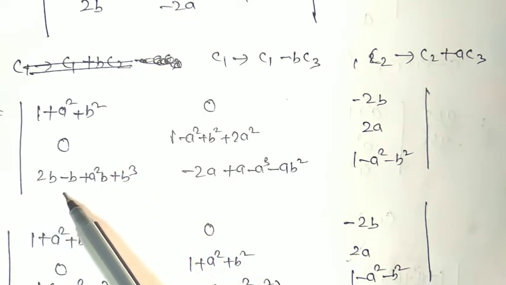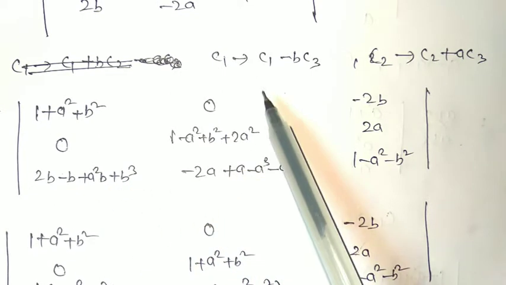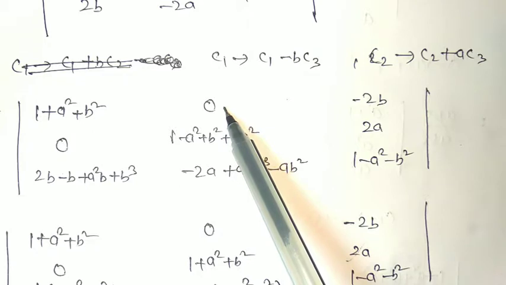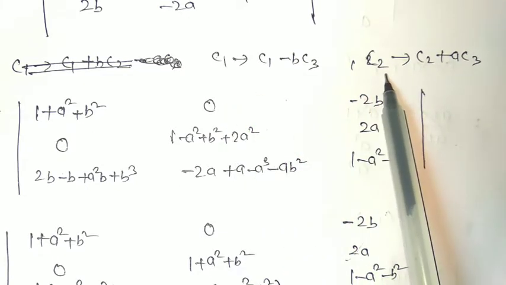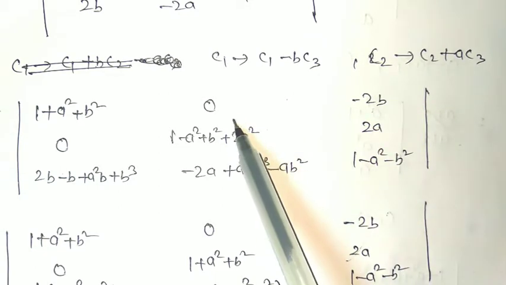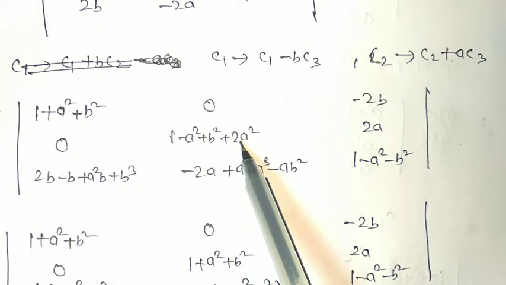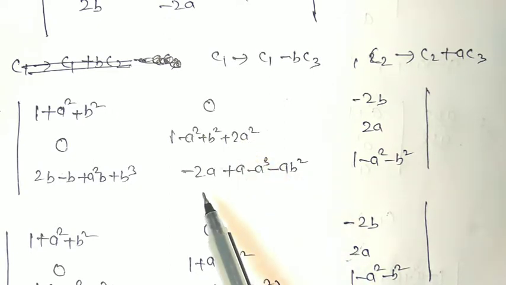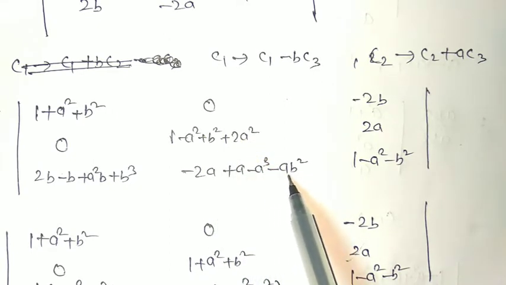Now we can take b common, so we get 1 plus a square plus b square. In the second column, as we apply c2 plus a c3, the first term is 0, then 1 minus a square plus b square plus 2a square, then minus 2a plus a minus a cube minus a b square.